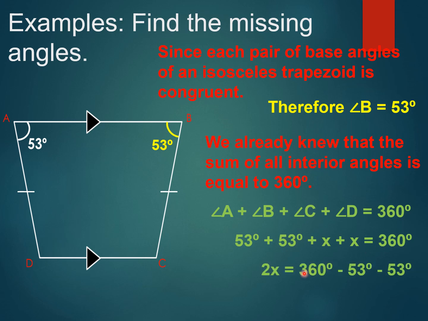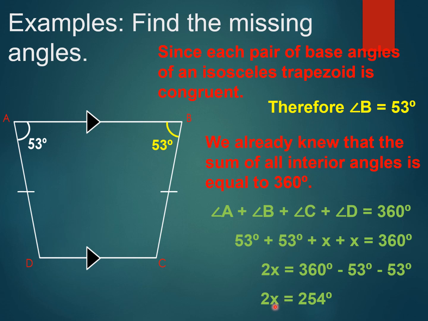Combine similar terms, we have x plus x, so that would be 2x is equal to 360 degrees minus 53 minus 53, since the signs of these two will change to negative when we transpose them to the other side of the equal sign.